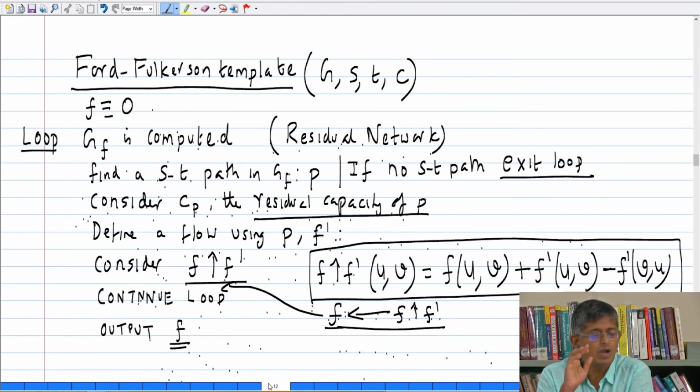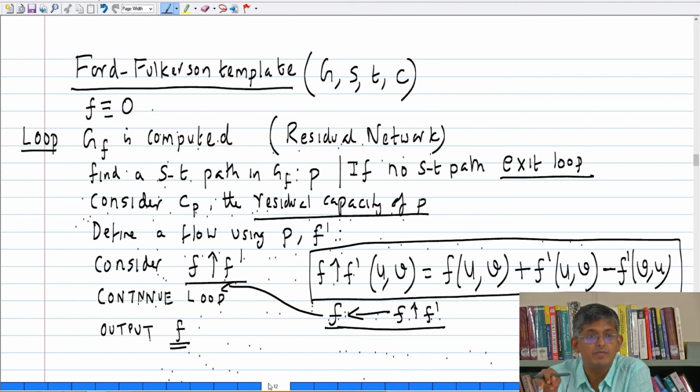It is greater than 0, not equal to 0. So you have a flow F, you compute the residual network and you take a path in the network. In the network, if an edge has capacity 0, it means the edge is not there. So therefore, if you find an S-T path, the capacity of every edge in that path is greater than 0. Therefore, the minimum, which is the residual capacity of that particular path, is greater than 0.